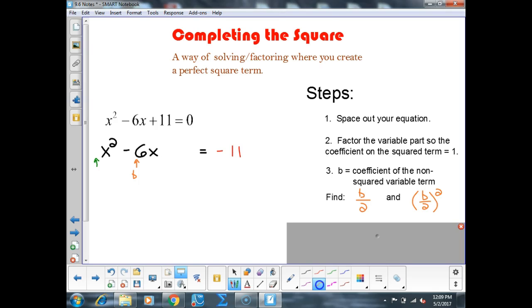So my B here is negative 6. What would be B divided by 2? Negative 3. And that squared would be positive 9.